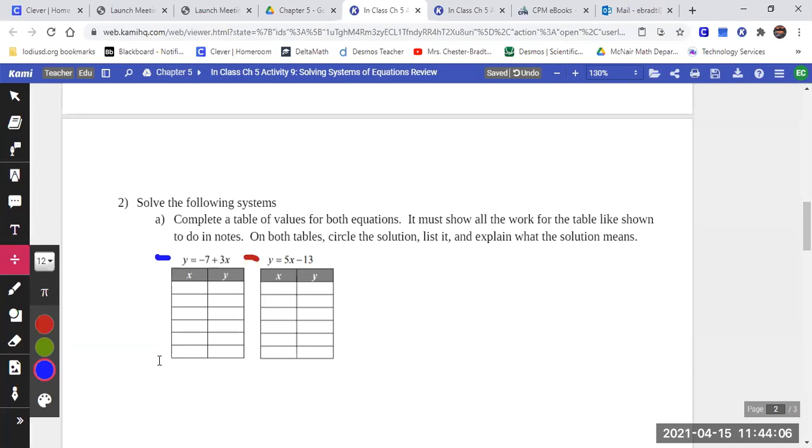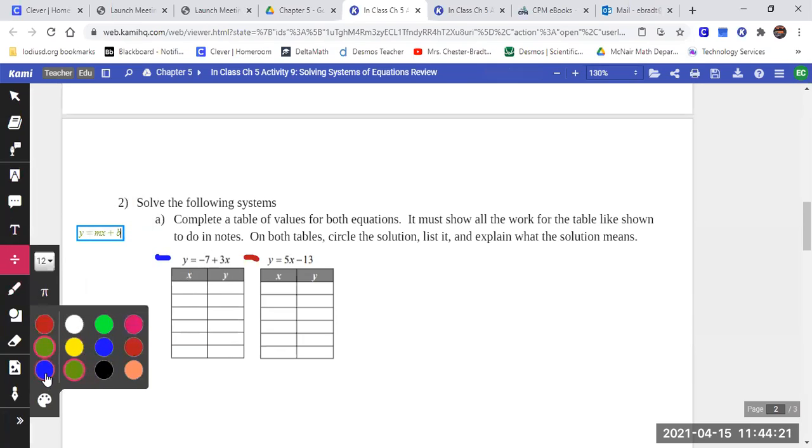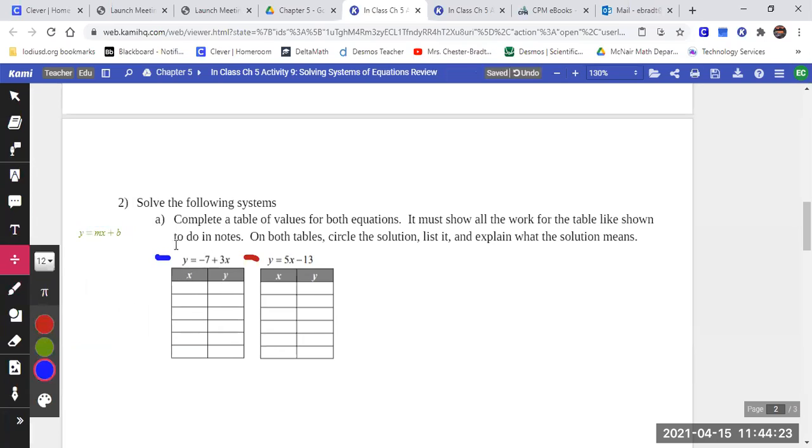It's not formatted the way it should be. What should we have? What should our format be all the time? Y equals mx plus b. Okay. So this first equation, this blue equation, is not in the correct format, right? So we need to adjust it. We need to fix it so it is in the right format.